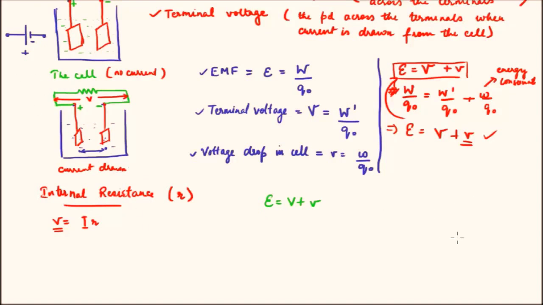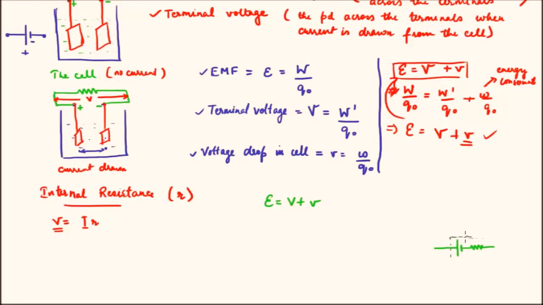So my complete circuit will be, this is my battery and this has an internal resistance of small r, right? So I can show the whole battery system like this.